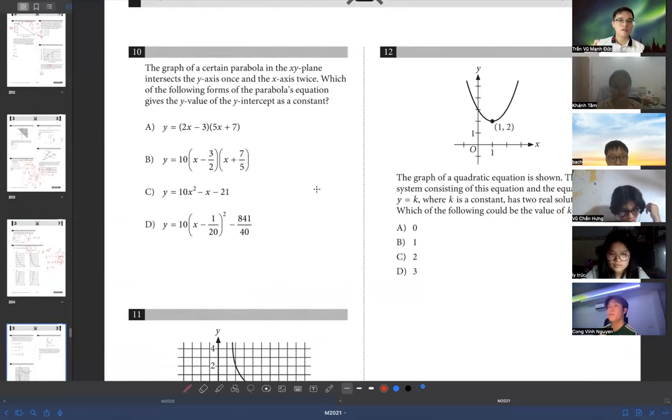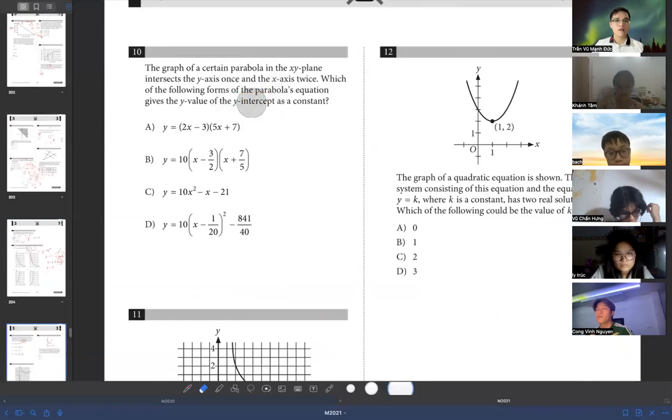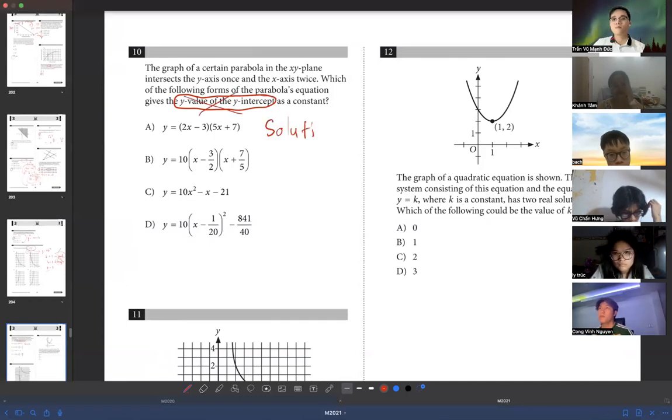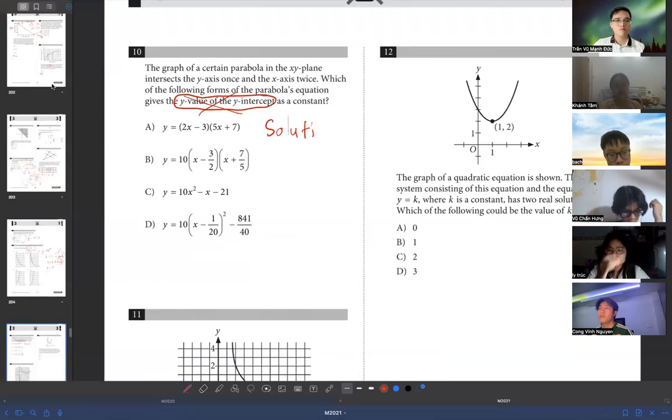10C. All right. This one, I want to ask you, if I replace this y-intercept as a constant, and I say, find the y value of the y-intercept. If I just cross this out entirely, and I say, which one will give me the solution as a constant or a coefficient, what would you choose?